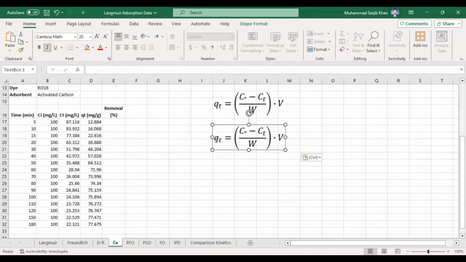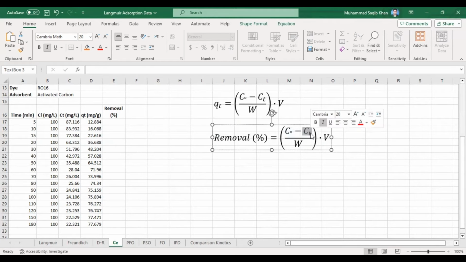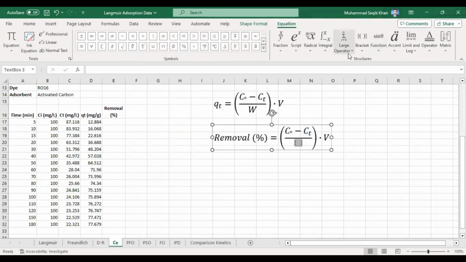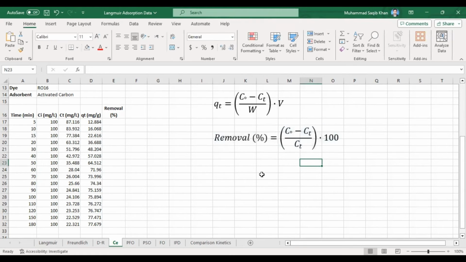Removal in percent will be equal to C naught minus CT, divided by C naught, multiplied by 100, or 100%.